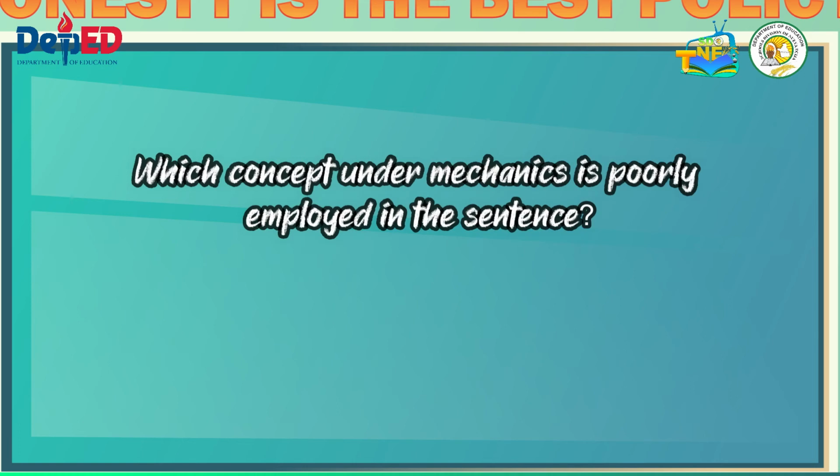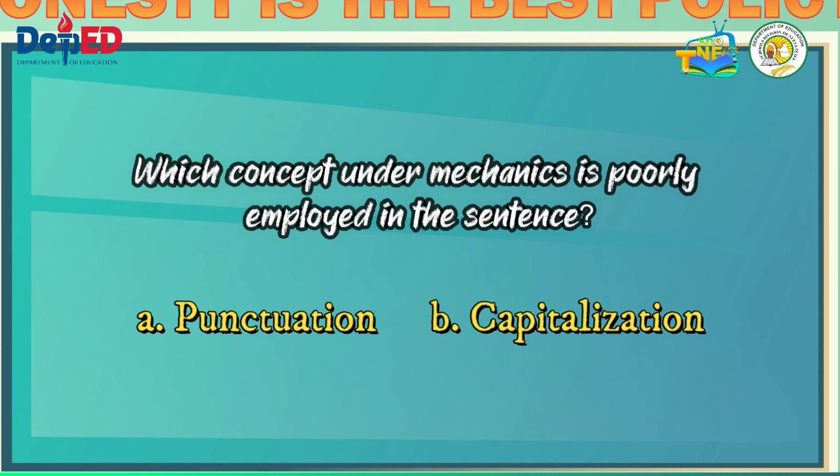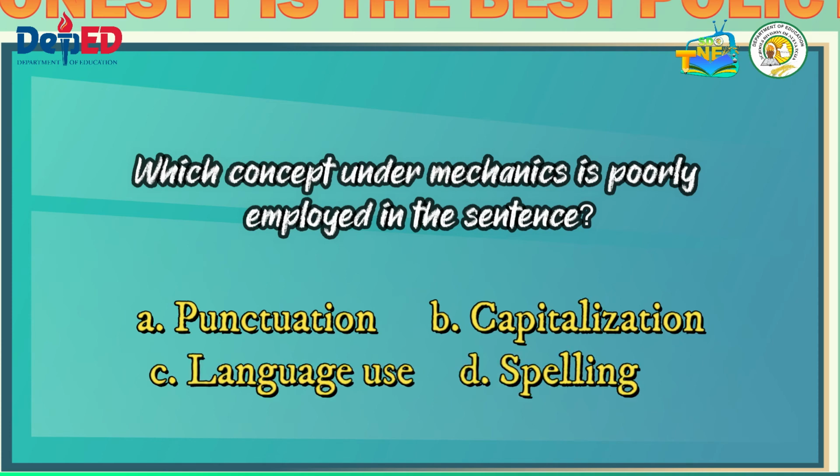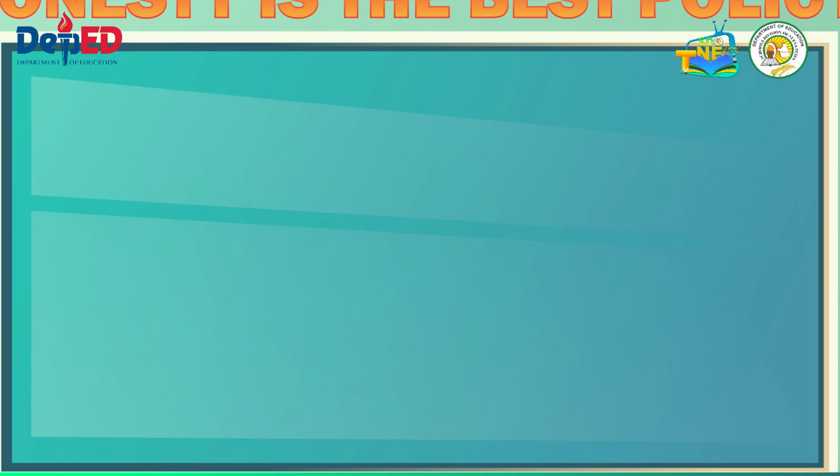Which concept under mechanics is poorly employed in the sentence? Is it A, punctuation, B, capitalization, C, language use, or D, spelling? Excellent! The answer is B. Capitalization. Let's have the last item.